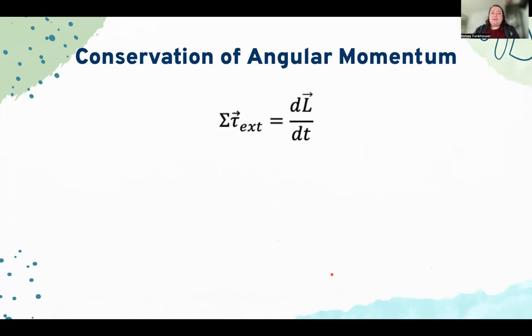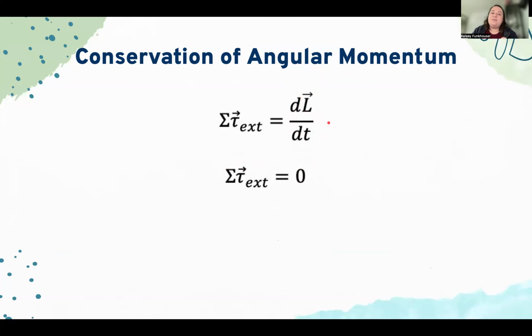And because of this, if there is no external torque acting on the system, the angular momentum is conserved. So if there is no net external torque, if it's zero, that tells us that the time derivative of the angular momentum is zero.